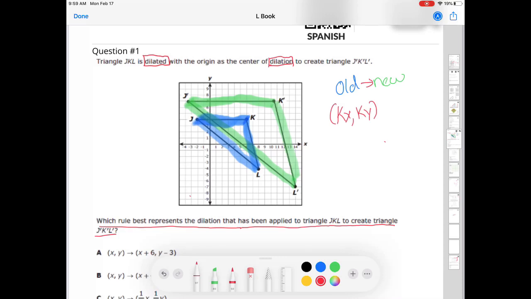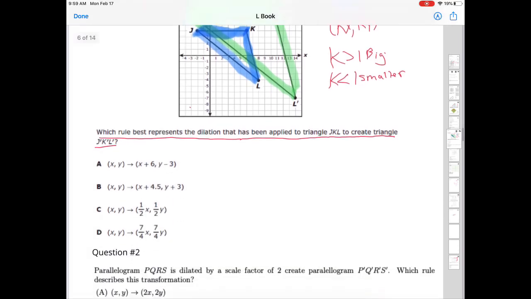If k is greater than 1, the image will become bigger. If k is less than 1, the image will become smaller. Now we have everything laid out, and we know that the old image is getting larger. We're going to look at our answer choices.